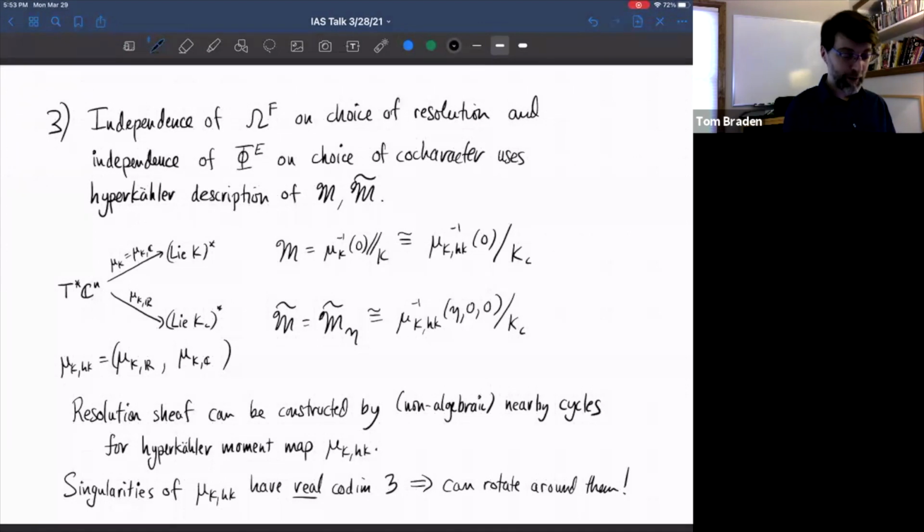There was a real moment map which goes to the dual of the Lie algebra of the real torus, the compact torus sitting inside K, and then things are much more symmetric.